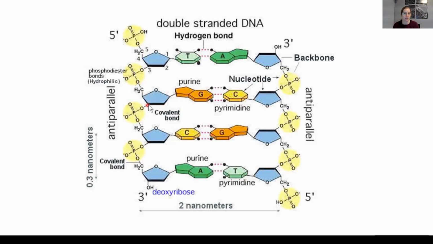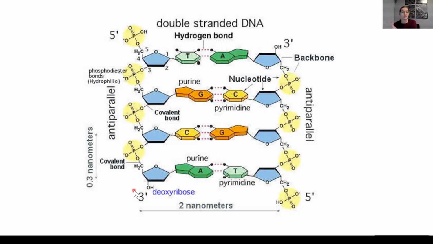And then attached to this phosphodiester bond at the 3rd carbon is the nucleotide below it. So this strand is running from 5 because 5 carbon is on top to 3 because the 3rd carbon is on the bottom. So 5' to 3', which tells us that the 5' is on top and the 3', this 3rd carbon here, because we're counting clockwise from 0, 1, 2, 3, is on bottom.